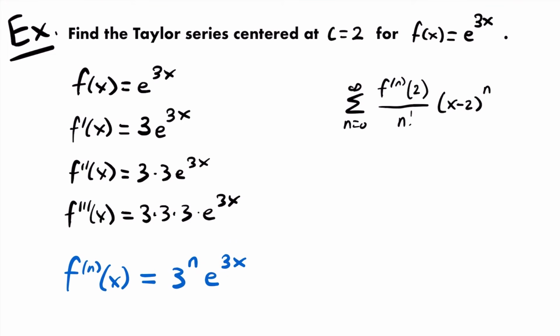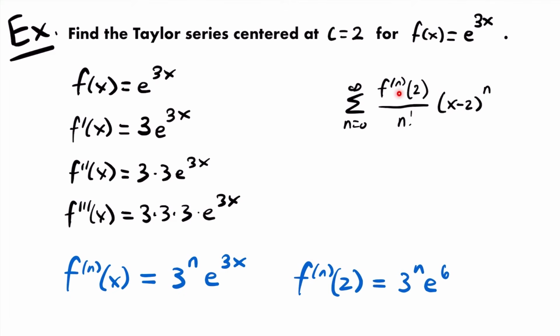Okay, and so if we do that, the nth derivative evaluated at 2 will be equal to 3 to the power of n times e to the power of 3 times 2. The only x that we needed to replace with 2 is this x right here. So we have e to the power of 3 times 2, and 3 times 2 is equal to 6. So our nth derivative evaluated at 2 will be 3 to the power of n times e to the power of 6. Okay?